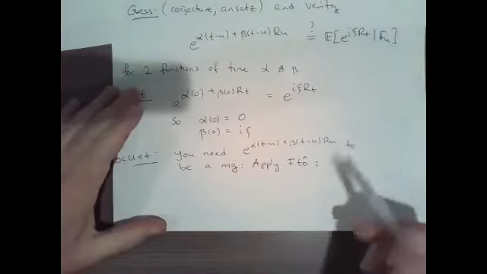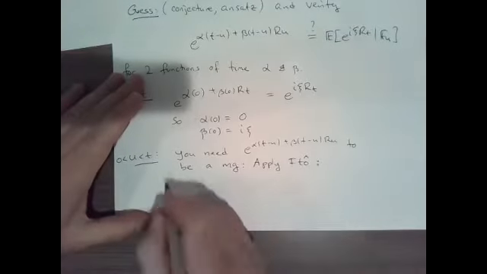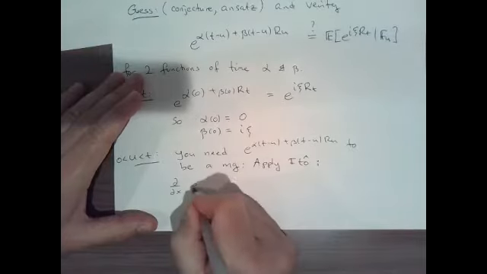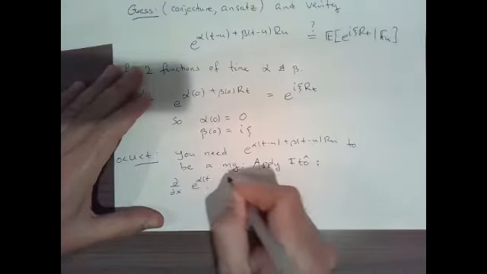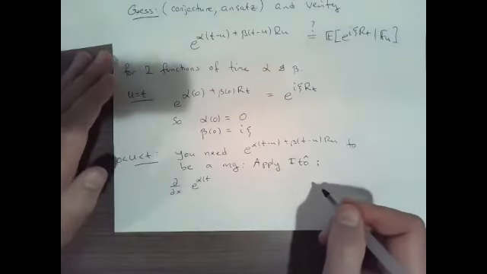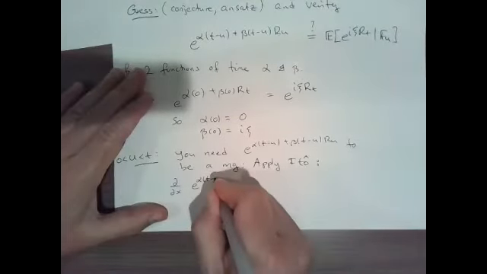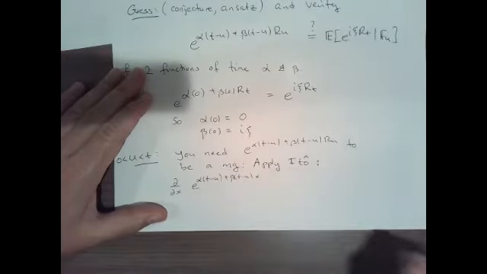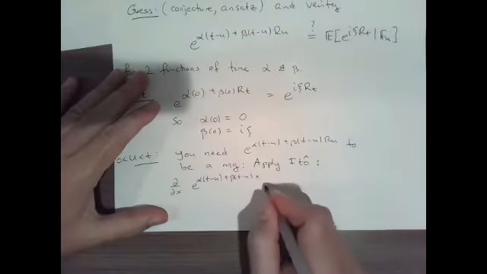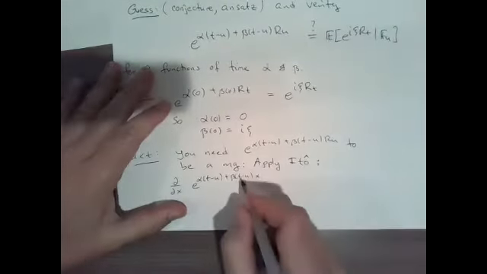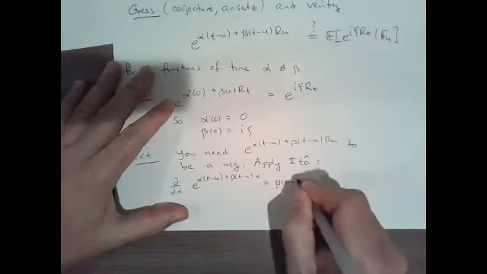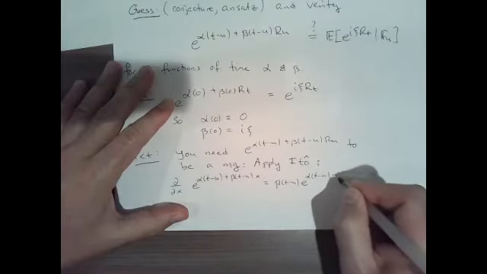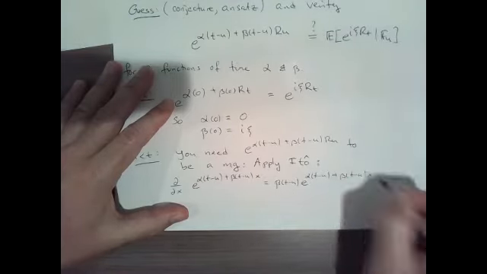So we need derivatives. The first thing we need is a derivative with respect to, say, x of this mess up here, e to the alpha(t minus u) plus beta(t minus u) times x. What is this derivative? This is beta(t minus u), and then the same thing, e to the alpha(t minus u) plus beta(t minus u) x.